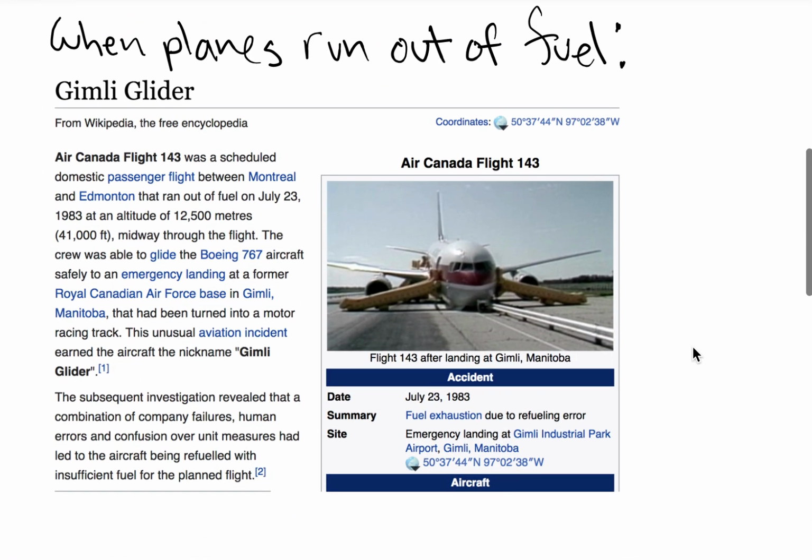This is another case that happened back in the 1980s, the Gimli glider. What happened here was basically this refueling error that they specify in the Wikipedia article about this. This was another switching between metric and English units. They thought they had an appropriate amount of fuel in the engine, and whoops, they didn't.